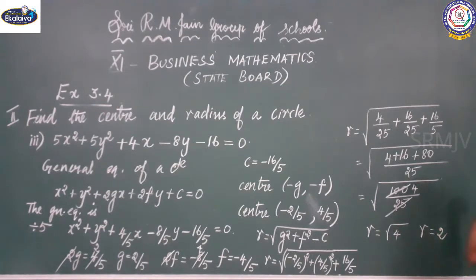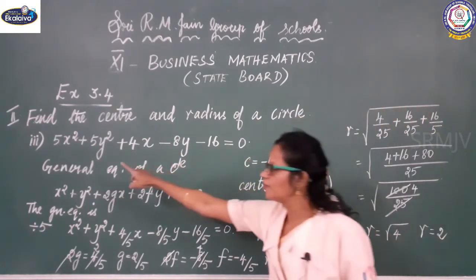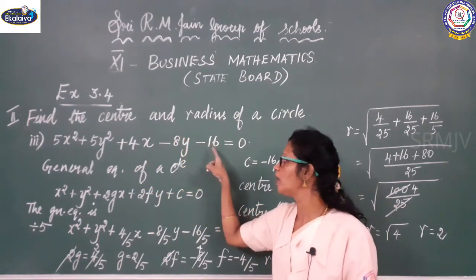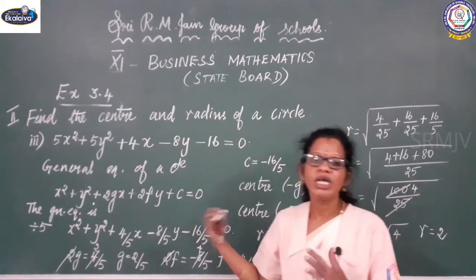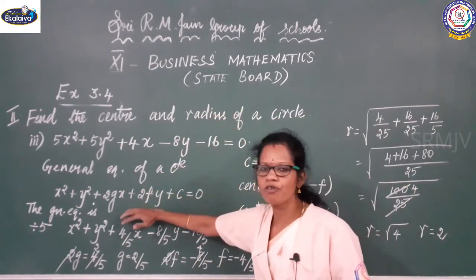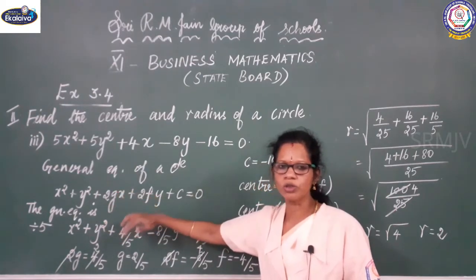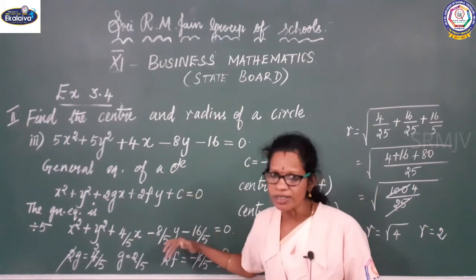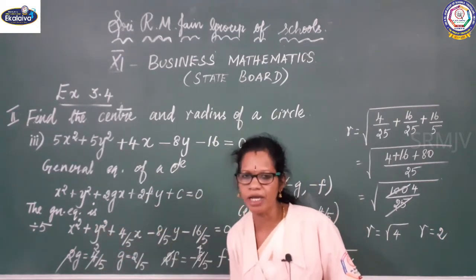Got it, children? The given equation is 5x square plus 5y square plus 4x minus 8y minus 16 equal to 0. If it is there, we cannot find directly. That I converted into the general format as x square plus y square plus 2gx plus 2fy plus c is equal to 0. For that, I divided the equation by 5.